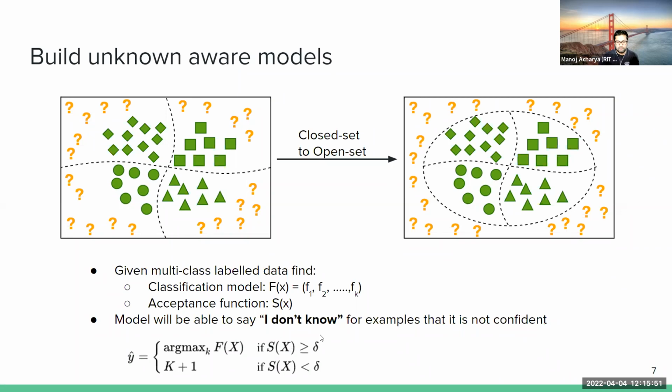Based on a threshold delta, if I know that this sample is similar to what I've seen before, you classify it into one of the K categories. And if it is below some threshold, you say it's the K+1 class, meaning it's an unknown class. So that's how we generally build an unknown-aware model.